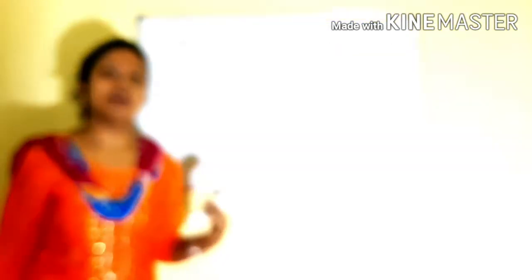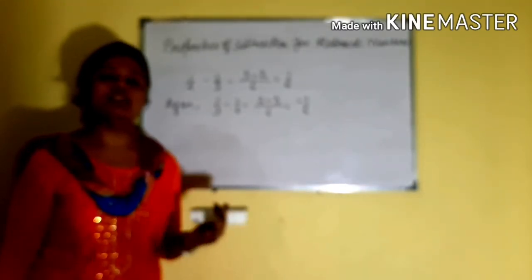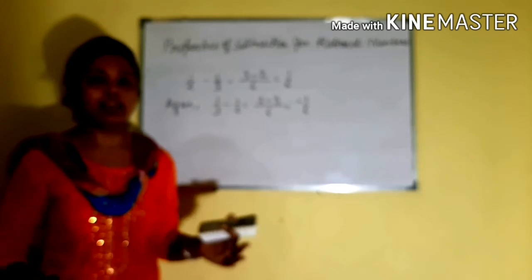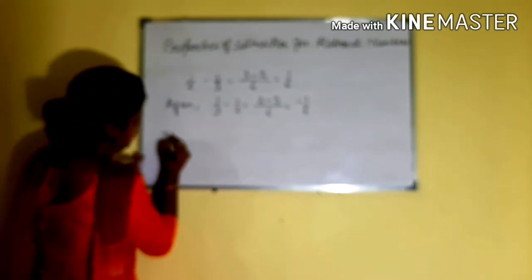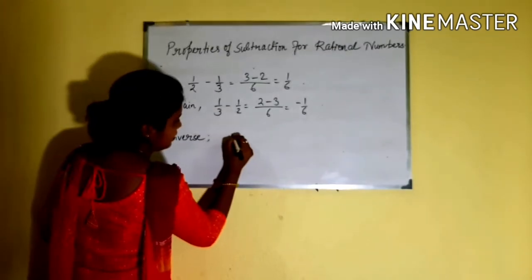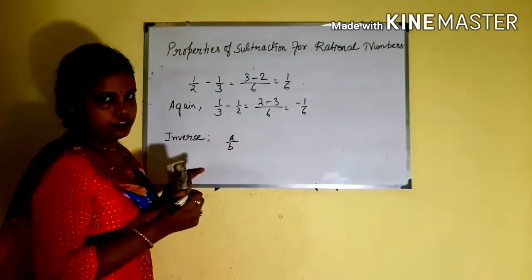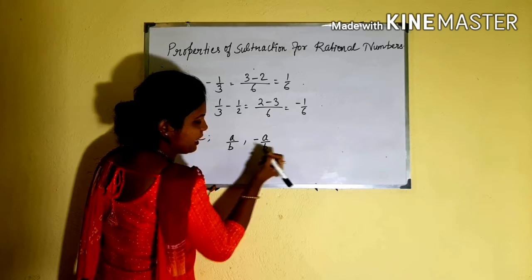The same follows for the associative property, and for the inverse property, there is no existence of any inverse. Rather, it gets added up. Just take for example the inverse. Let's take a by b as a rational number. So the inverse of this will be what? Minus a by b.